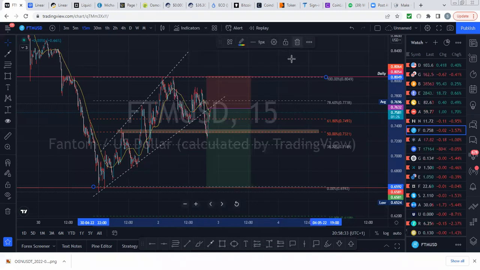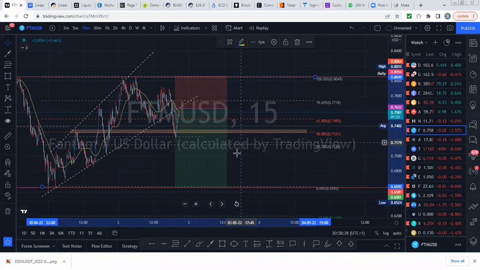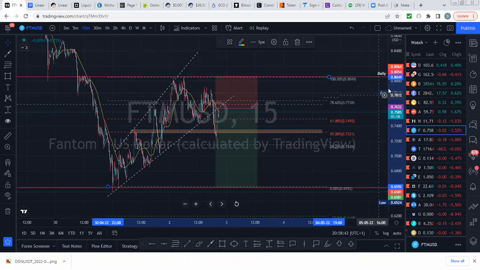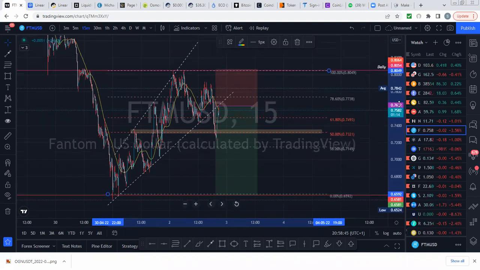If you want currency, crypto, stock, Fibonacci is Fibonacci. I mean the settings, like how you've configured yours. It works on any chart.